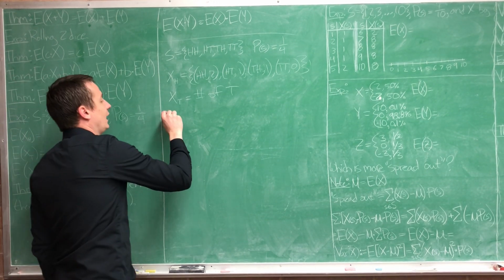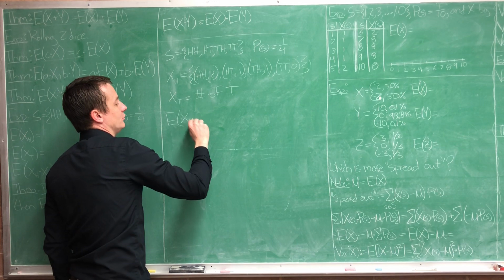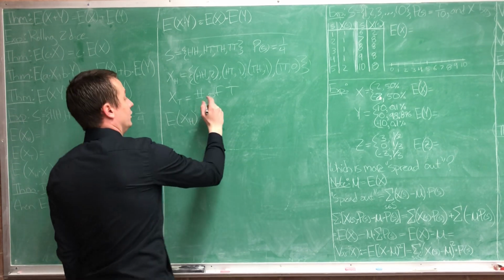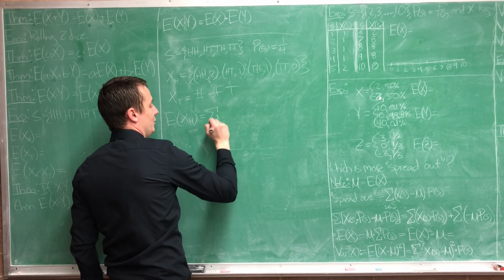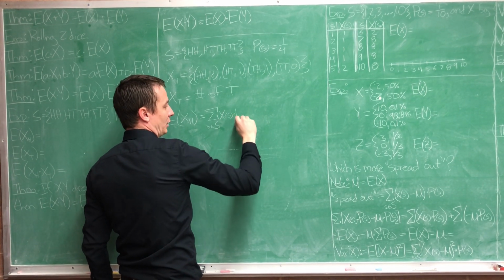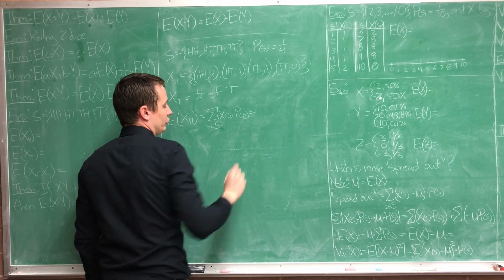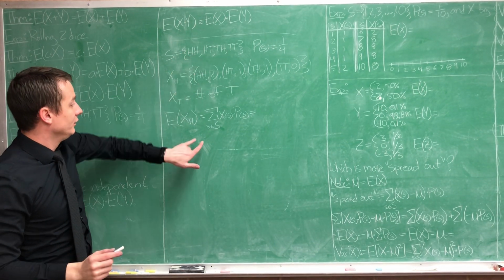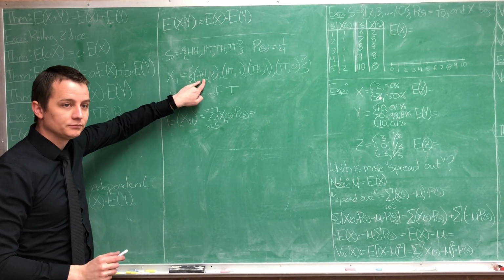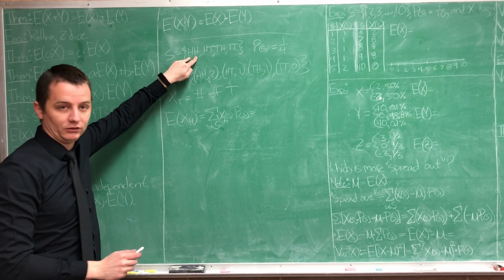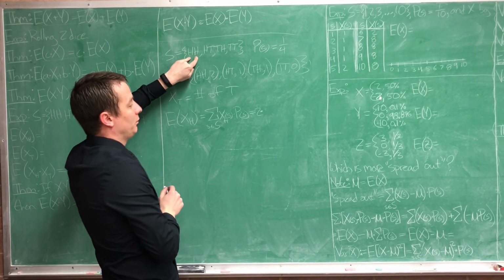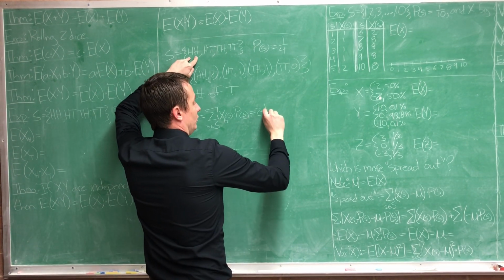Let's calculate the expected value now of X of H. What is that going to be equal to? That is going to be equal to the sum for all little s in big S of X of s times the probability of that. What do we get when we plug this into X of H? 2 times its probability, 1/4.